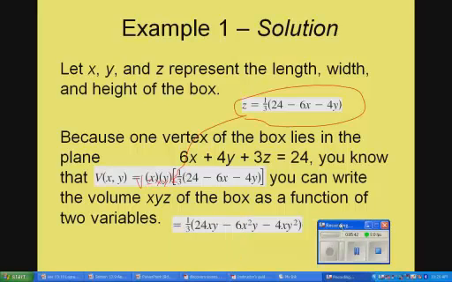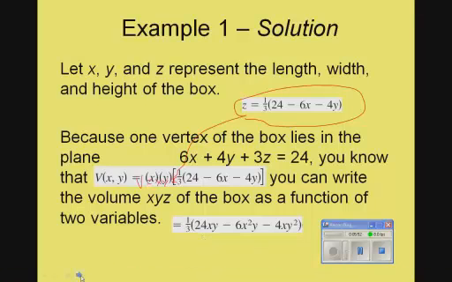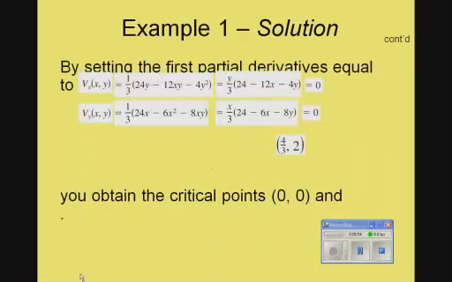Well-placed little box there. Okay, here we go. So they simplify: instead of z, you get this, and then they distribute the x and y. And let's see what happens. Set the partial derivatives equal to 0. You guys are good at that. How do they get this?